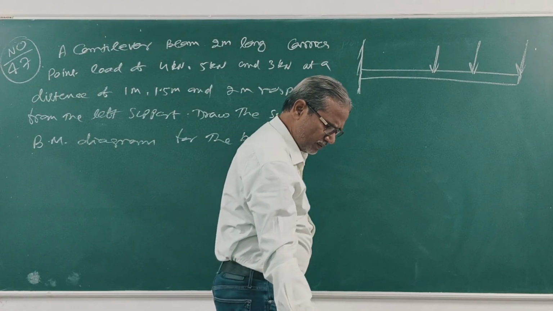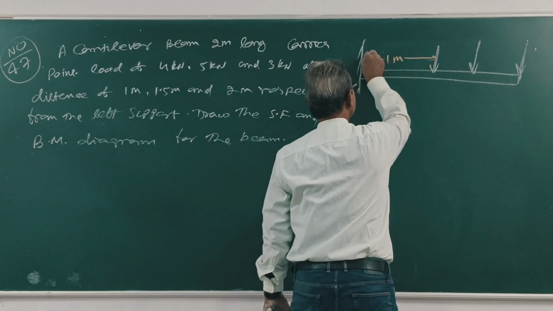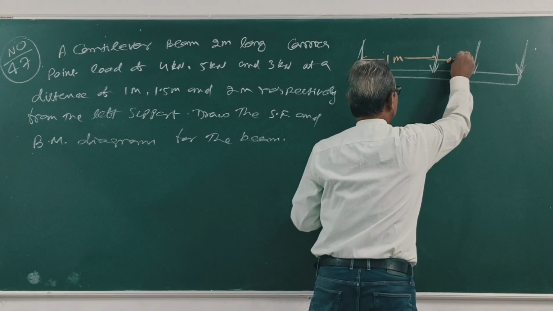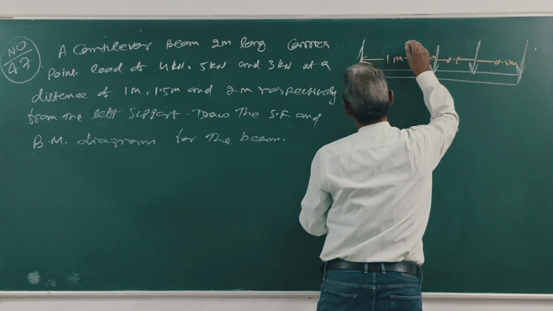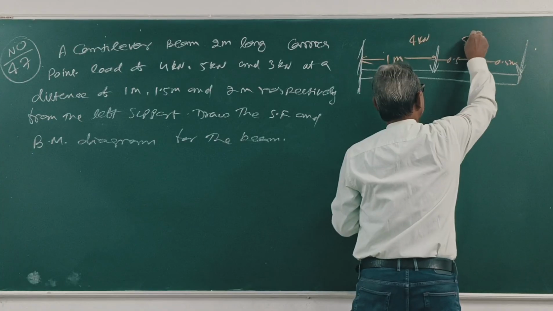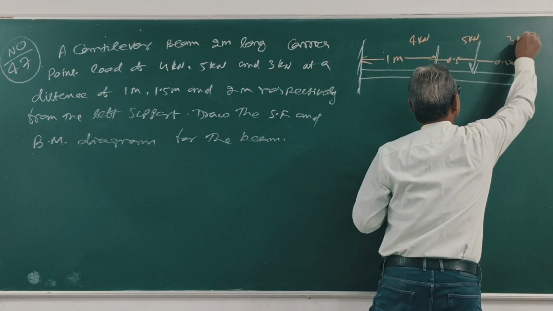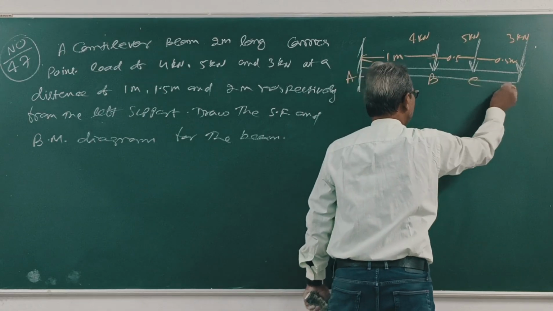This is 1 meter, 0.5 meter, 0.5 meter. The loads are 4 kilonewton, 5 kilonewton, 3 kilonewton at points A, B, C, D.